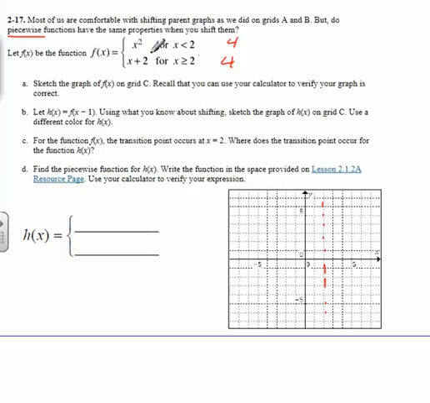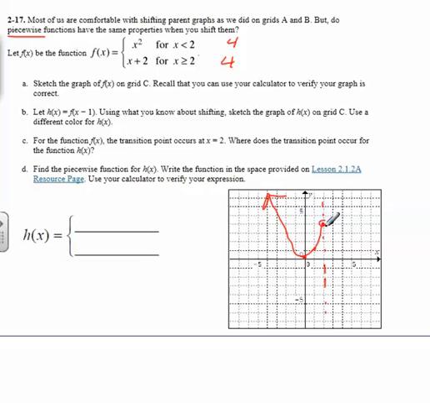So my parabola exists everywhere below 2. And that parabola is not shifted at all. It's got a vertex here. And so there's my parabola. And this one is a line with an intercept of 2 and then a slope of 1, so it connects right here with the solid dot.